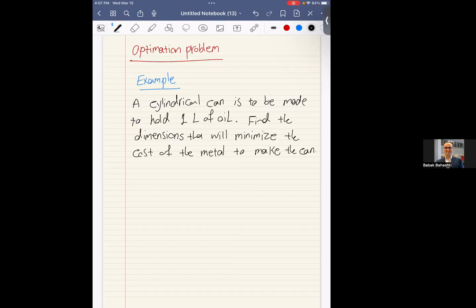So in mathematical terms, more precisely, you have a can. Let me draw a picture for you. The shape of a cylinder. Something like this.